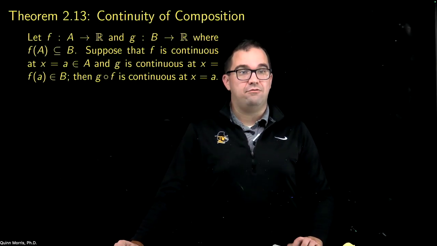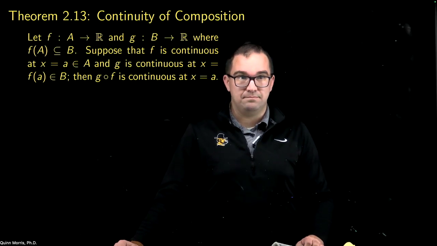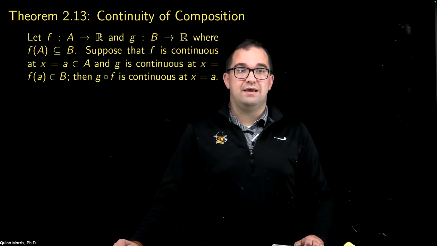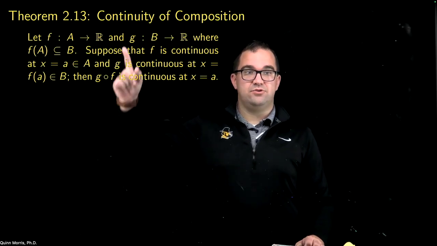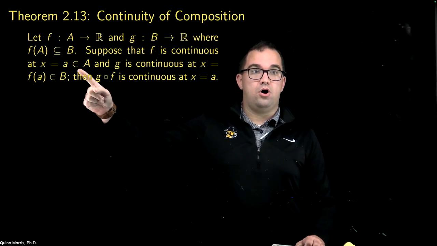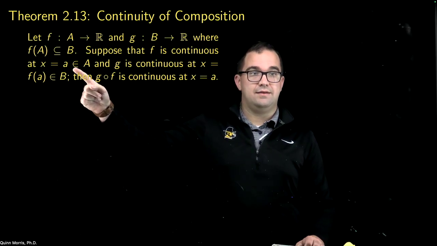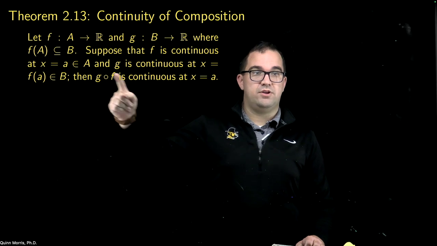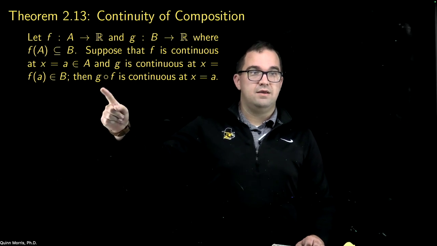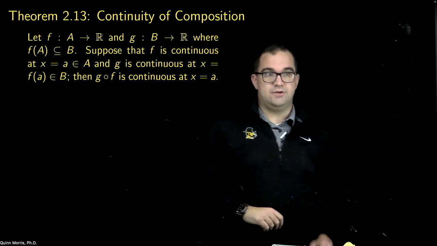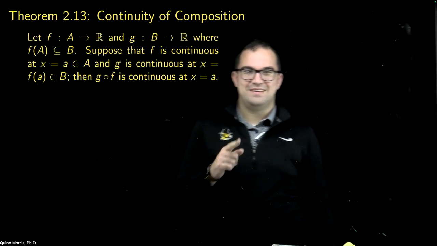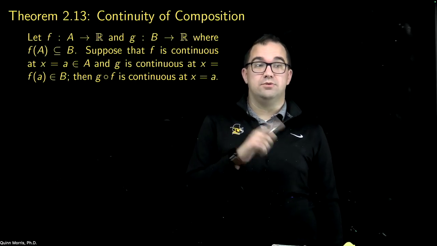The domain of F and the domain of G composed with F are the same. So if F is continuous at X is equal to A because A is an isolated point of the domain, then it's going to be an isolated point of the domain of G composed with F, and hence it's automatically continuous. So the hard part is what happens when we're at an accumulation point.